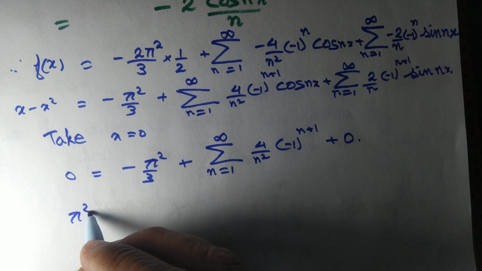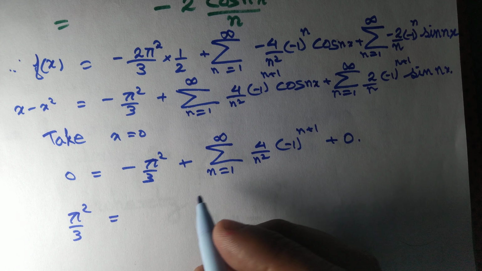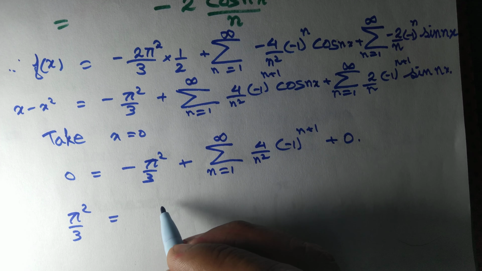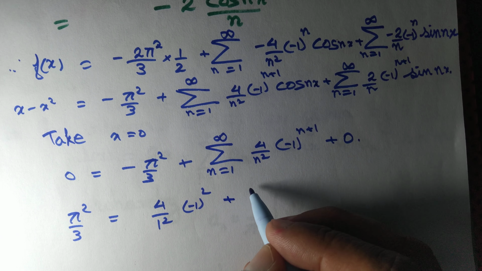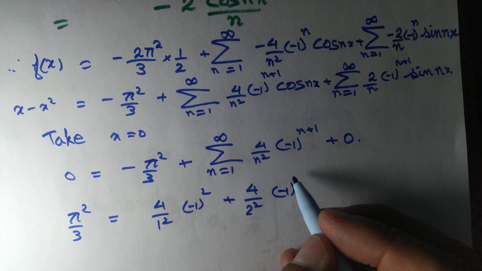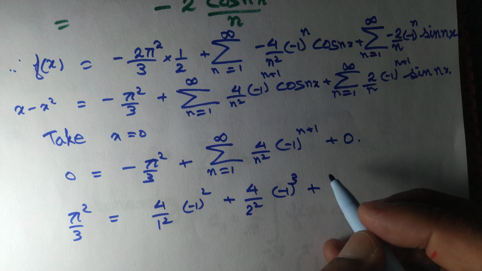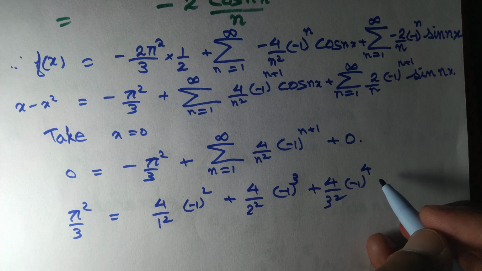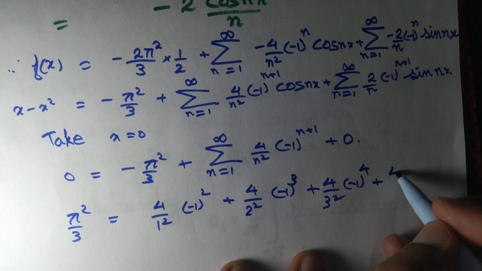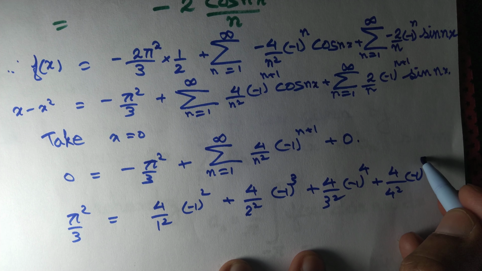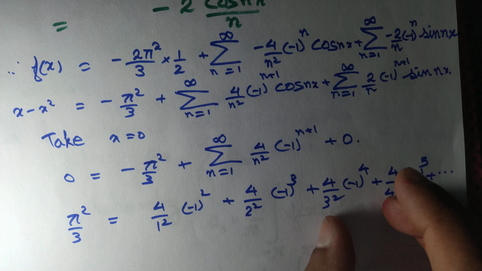So pi square by 3 equal to, let's expand this sum. 4 by 1 square minus 1 to the power 2 plus 4 by 2 square minus 1 to the power 3 plus 4 by 3 square minus 1 to the power 4 plus 4 by 4 square minus 1 to the power 5 and so on.